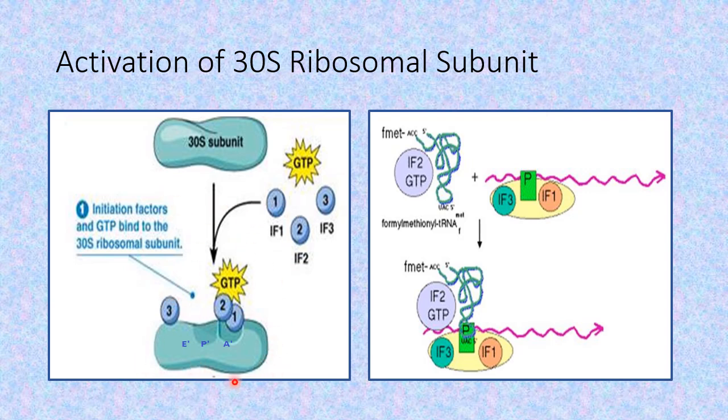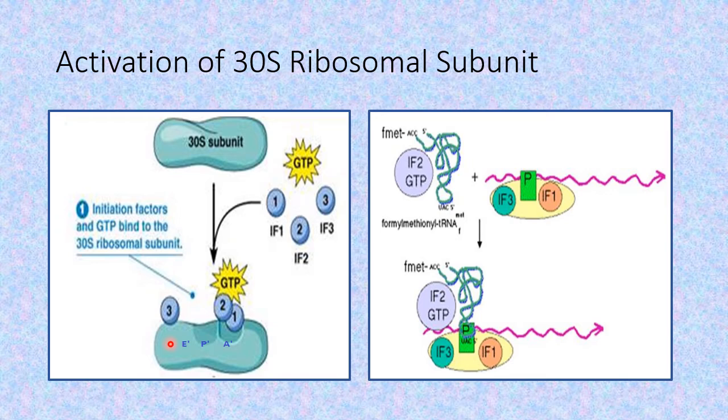Since they are present on the smaller subunit, they are the E prime, P prime and the A prime site. So first of all, of the 3 initiation factors that are involved in initiation of translation in case of prokaryotic cells, it is this IF3, the initiation factor 3, which attaches itself near the E prime site of the smaller subunit.